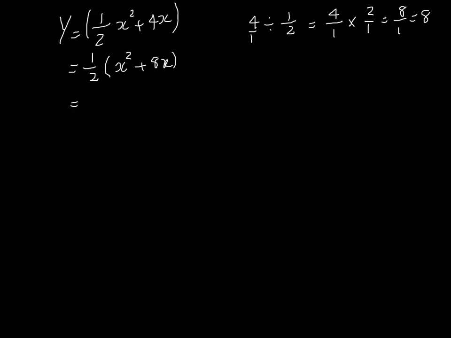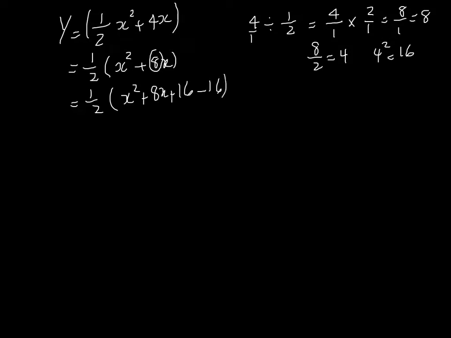Now, I'm going to divide 8 by 2, which is 4, and then square 4. 4 squared is 16. I'm going to add 16 and subtract 16. So I get 1 over 2 times x squared plus 8x plus 16 minus 16.